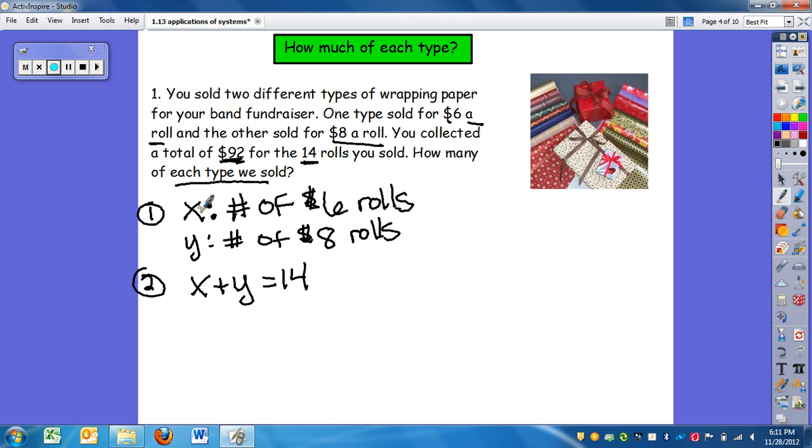It's how many of the x plus how many of the y gives you your total of 14. Your second equation is going to involve the money. If you actually went to the store and bought something that was $6 and you bought 5 of them, you would do 6 times 5. Since we don't know how many of the $6 rolls, we have 6x plus how many of the $8 rolls, 8y, or in this case sold, and that gives us our total, which was 92.